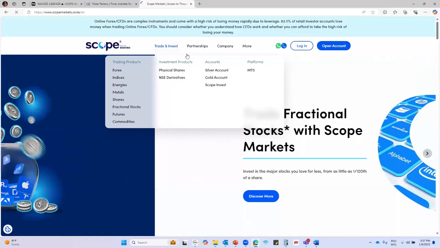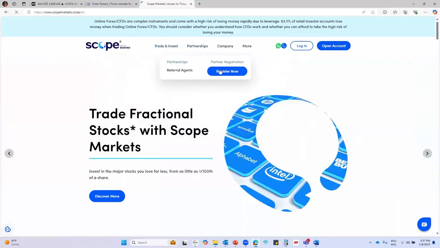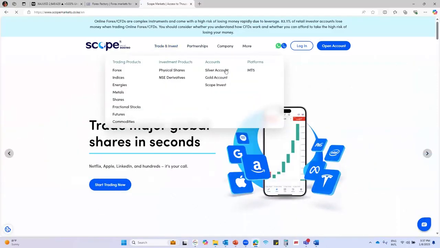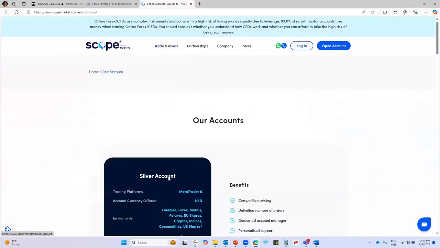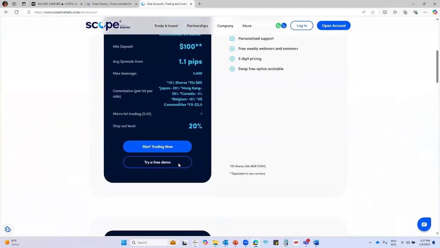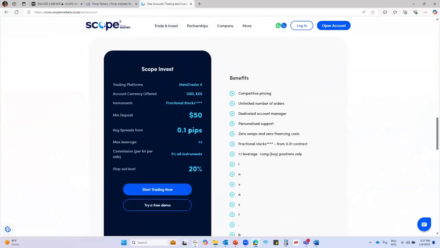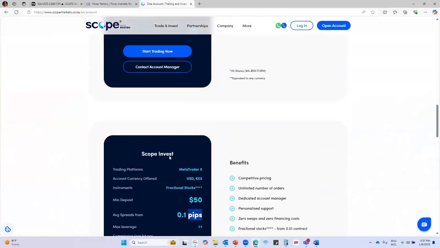But before you open an account, you need to learn the different types of accounts that we have. When you click here, we see that we have 3 types of accounts, and all these are explained. I will take you through these types of accounts when I talk about some of the terminologies like pips, because you can see wordings here like pips. But you're able to choose an account.